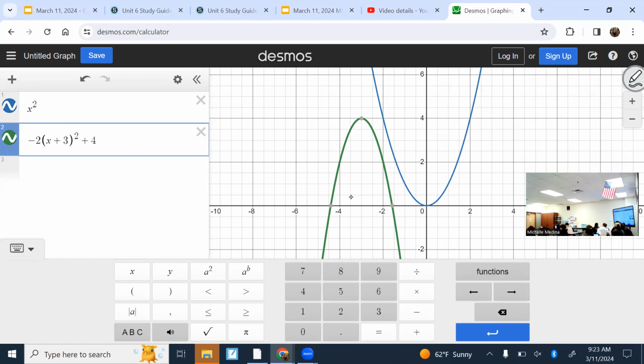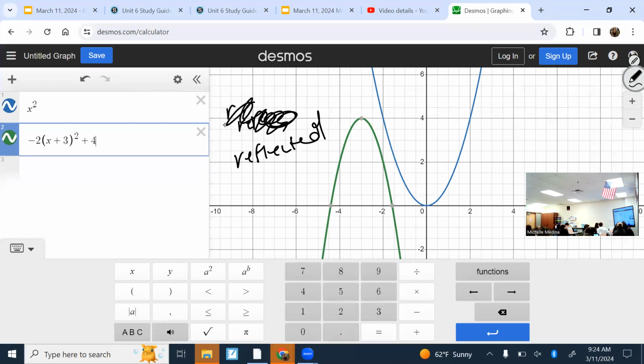Table 6, can you tell me another thing it did when it went from the blue to the green? Well, that's reflected. We'll take something else.